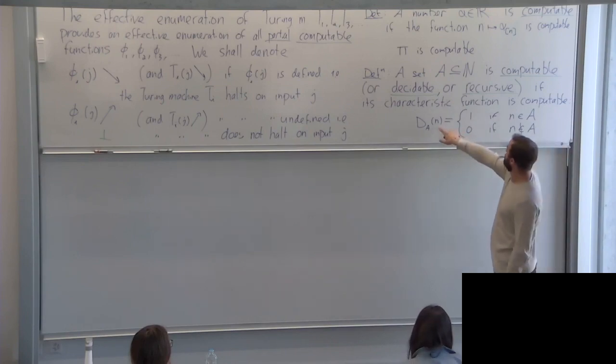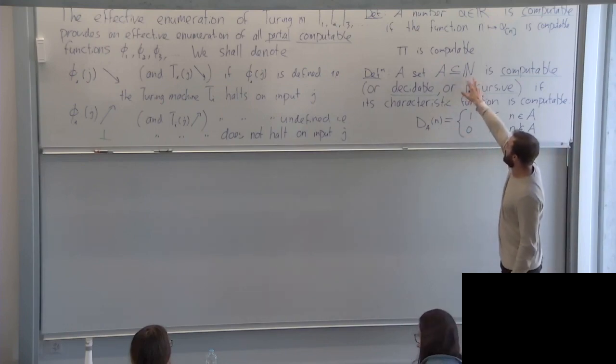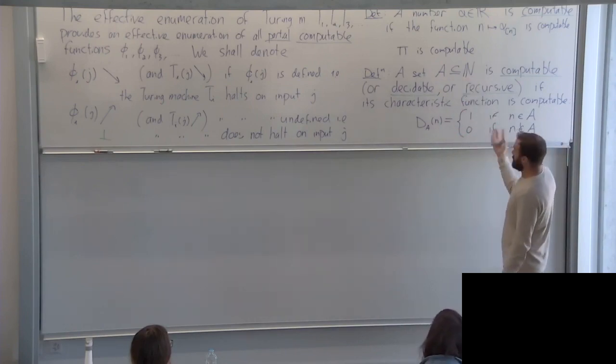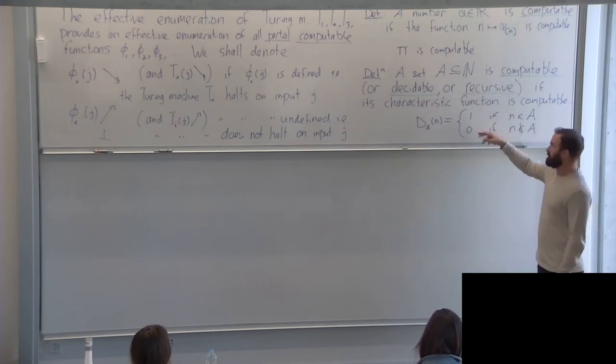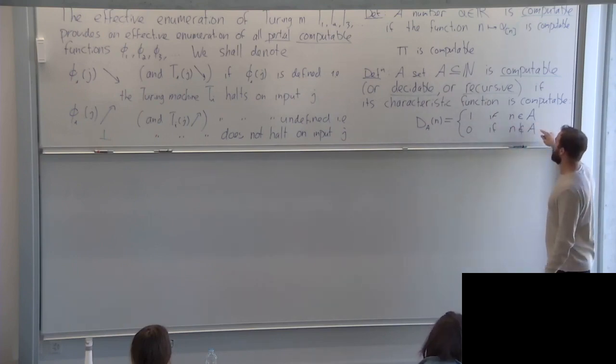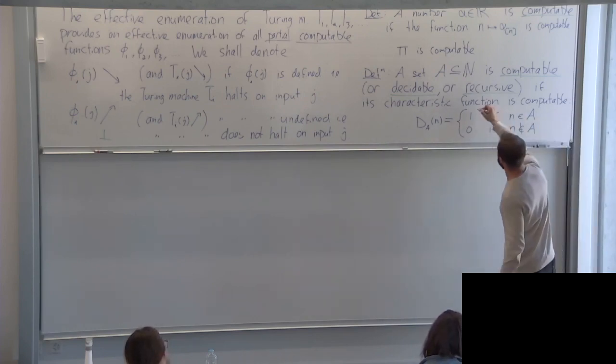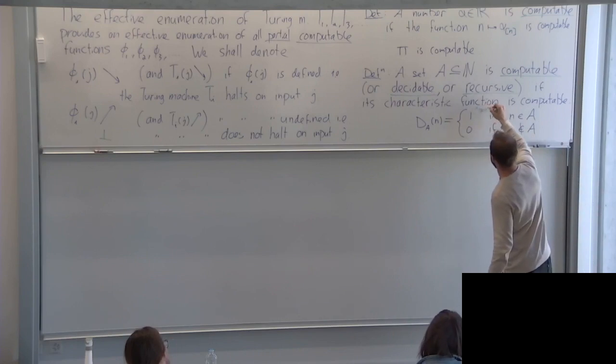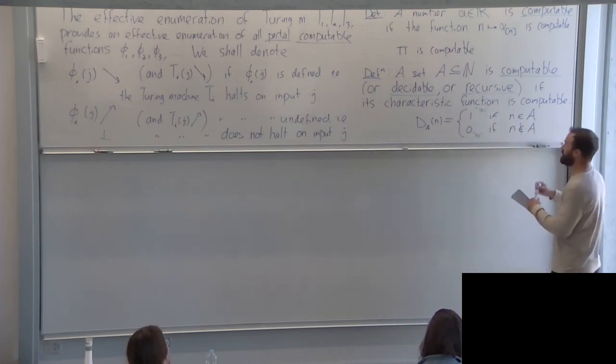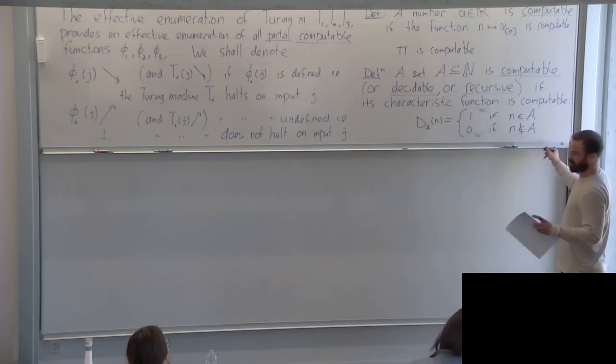It takes a number n, defined on the natural numbers, and returns a natural number, in this case either 0 or 1. It tells you yes or no, n is in A. 1 is understood as yes, and 0 is understood as no, it's not in the set.